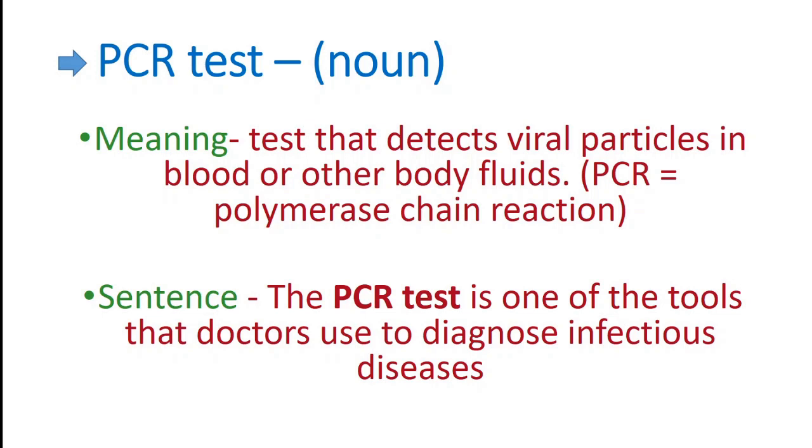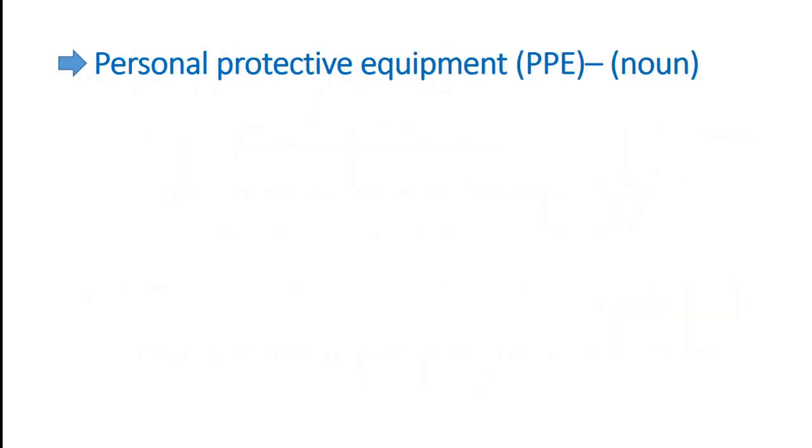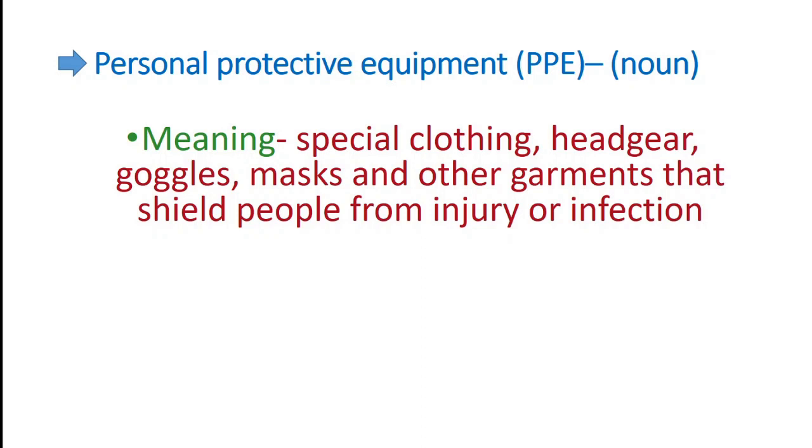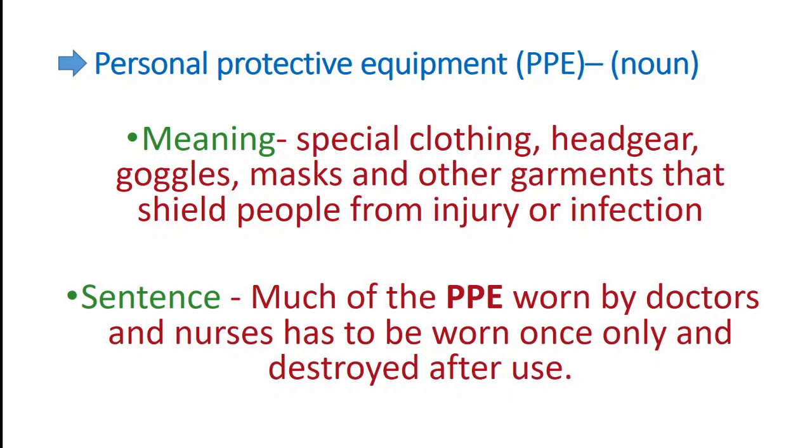Personal protective equipment. Noun. Special clothing, headgear, goggles, masks and other garments that shield people from injury or infection. Sentence. Much of the PPE owned by doctors and nurses has to be worn once only and destroyed after use. Person to person. Adjective.